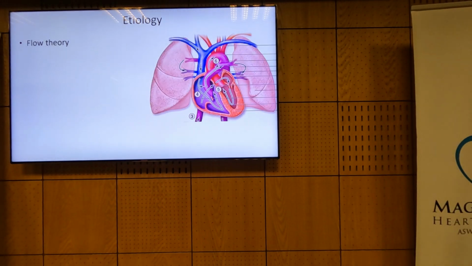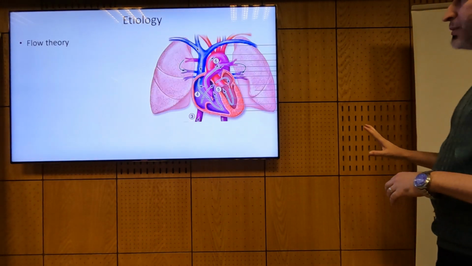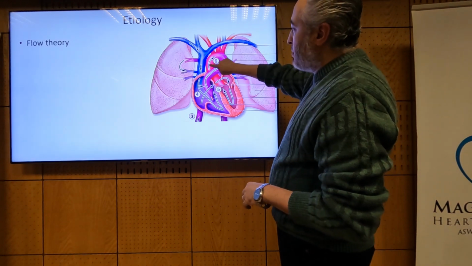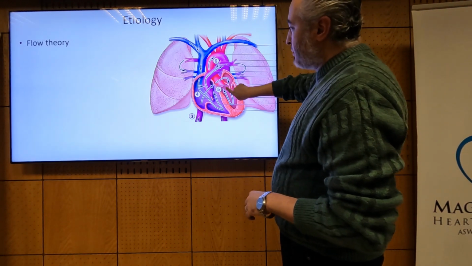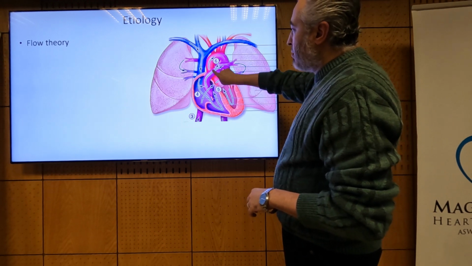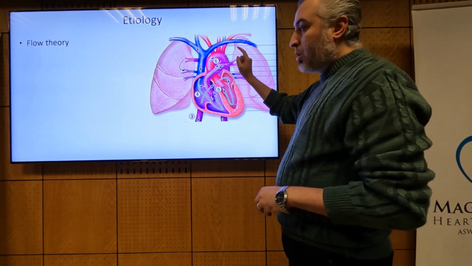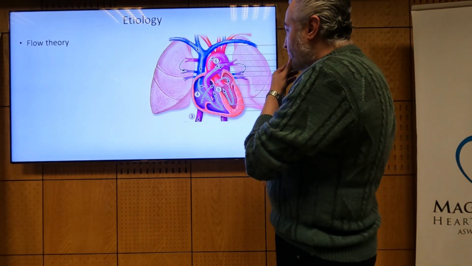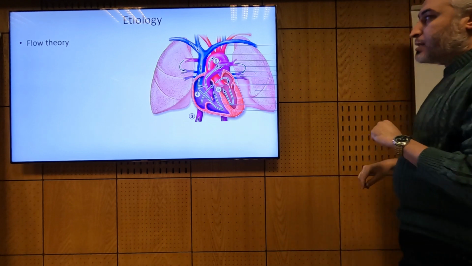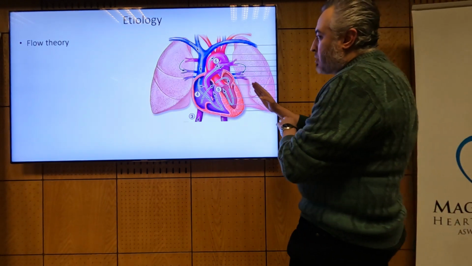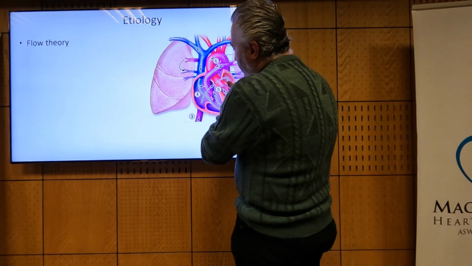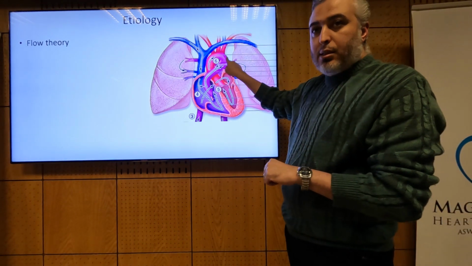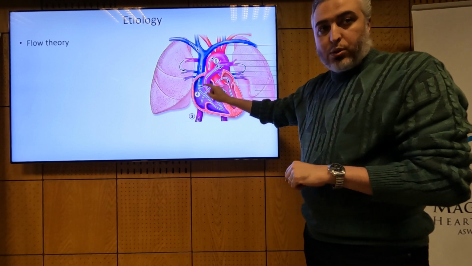Again, we'll not go into depth on fetal circulation, but you know that blood going into the arch is coming from the ascending aorta, while most of the blood going to the descending aorta is coming from the pulmonary artery through the ductus arteriosus. So in lesions that cause blood to shift before going into the ascending aorta, less blood goes into the distal part of the arch, and then you get coarctation.